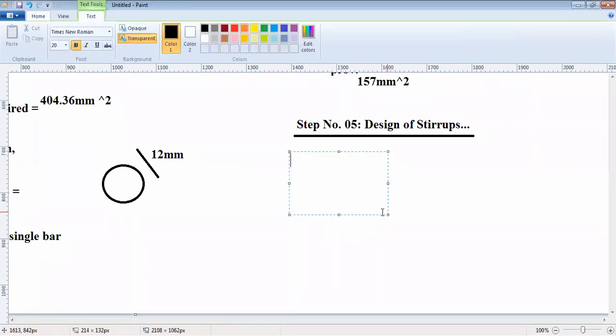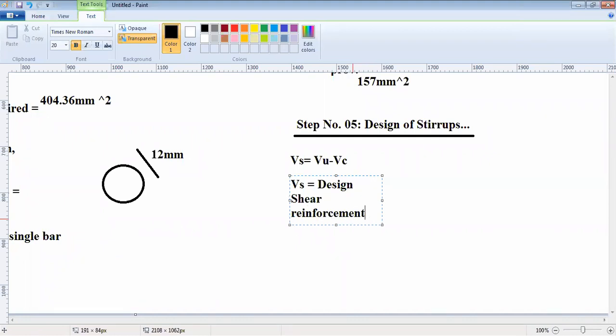Now, we already discussed this. VS is equal to VU minus VC. What is VS? VS is design shear reinforcement or strength from shear reinforcement which is required.